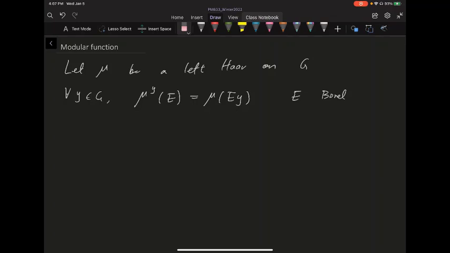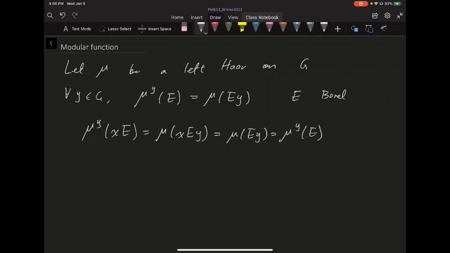If I want to left translate this E by x, then this is just mu of xEy, and by mu being left Haar, I can just cancel out the x on the left-hand side. This is simply mu of Ey, which by definition is mu_y of E. So mu_y is also a left Haar measure.